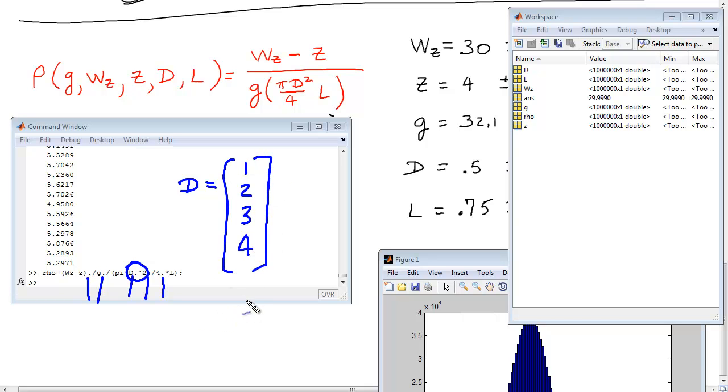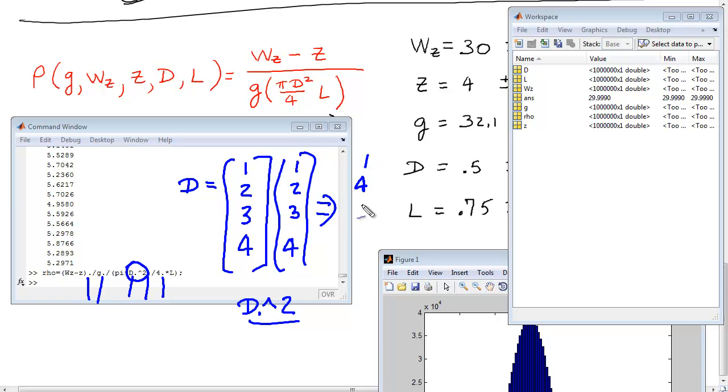D squared won't work, but a D period square lines them up and squares each one, and lists them like that. So it's an element by element multiplier. Now the reason it didn't work before is it tried to multiply matrices, and that's what threw it out of memory.